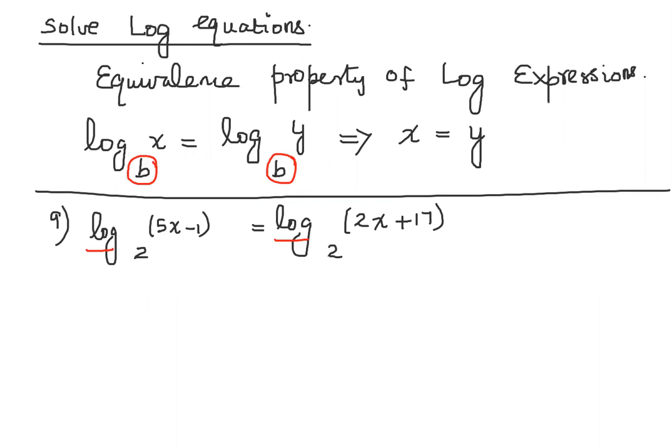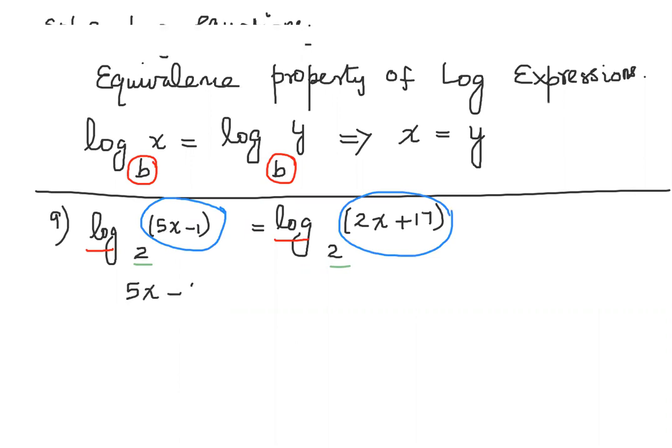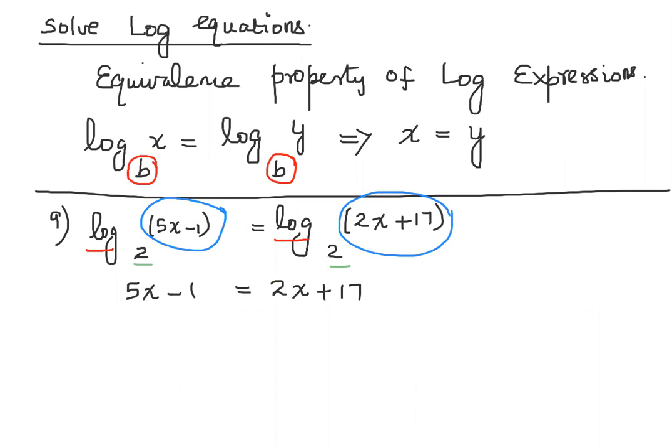You cannot have two logs. We will learn what we have to do when we have two logs. And I have the same base 2. So in that case, these two are going to be equal. So we can say 5x minus 1 equal to 2x plus 17.